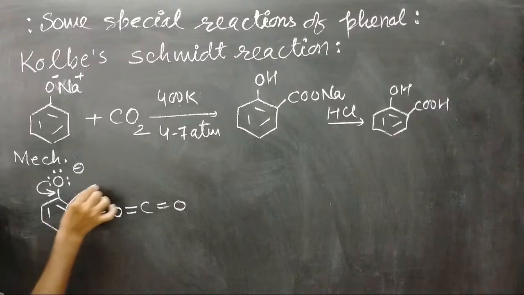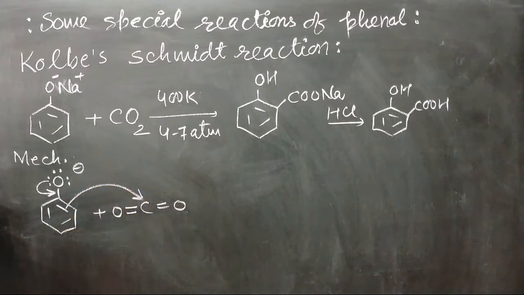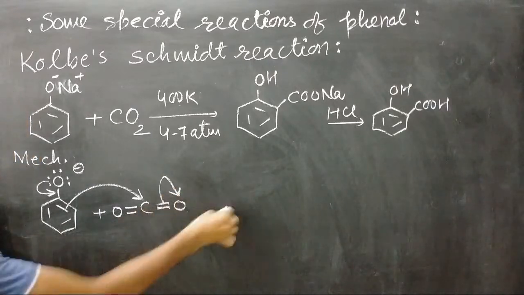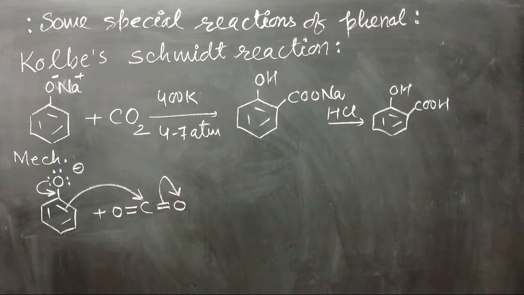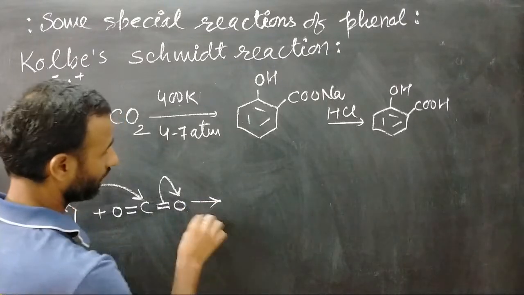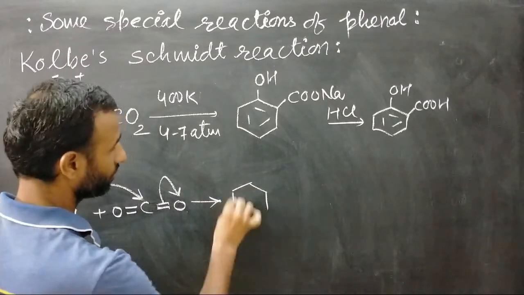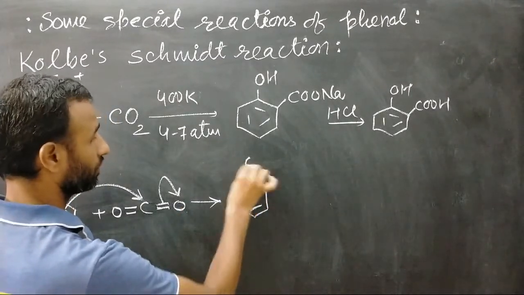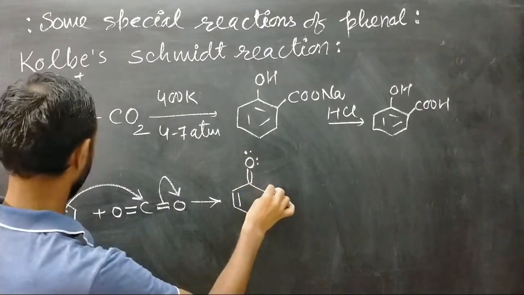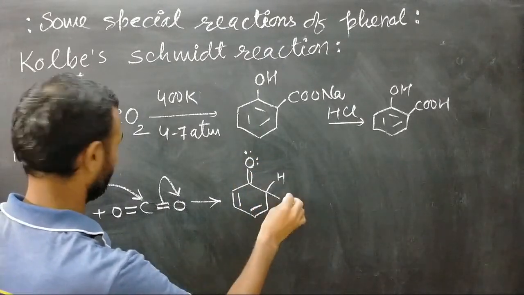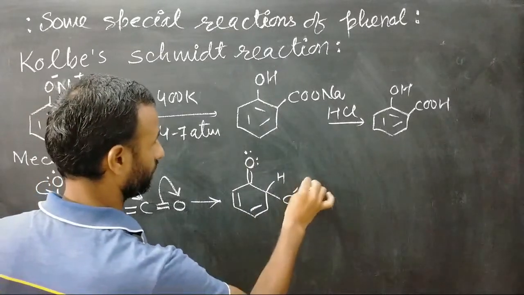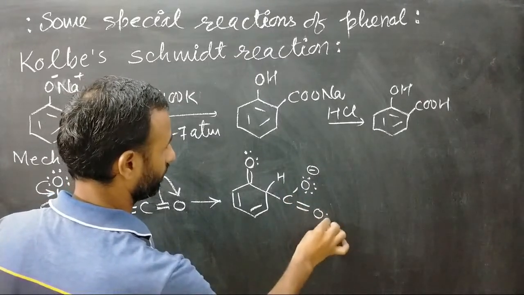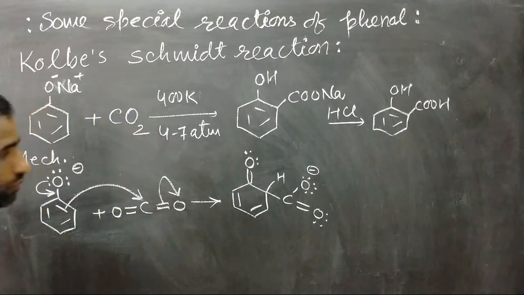This pi electron attacks on carbon and this pi bond shifts towards oxygen. So in this way we get this, this is the product formed.